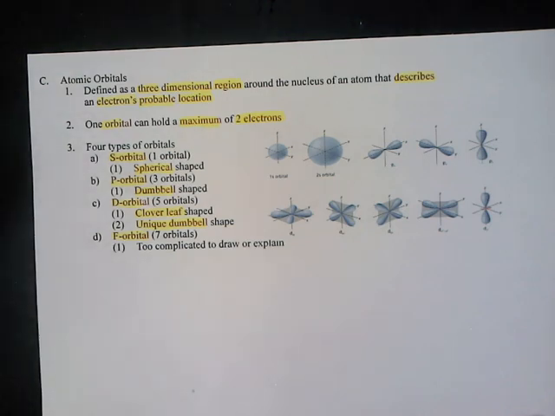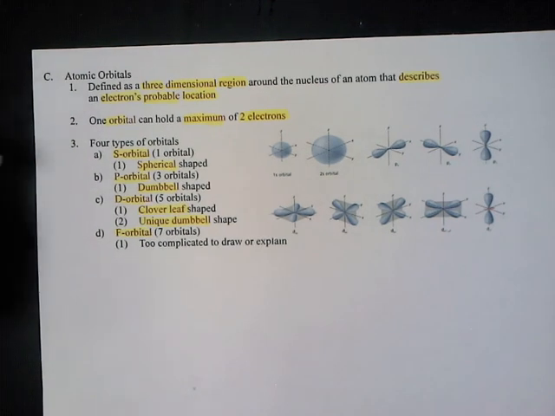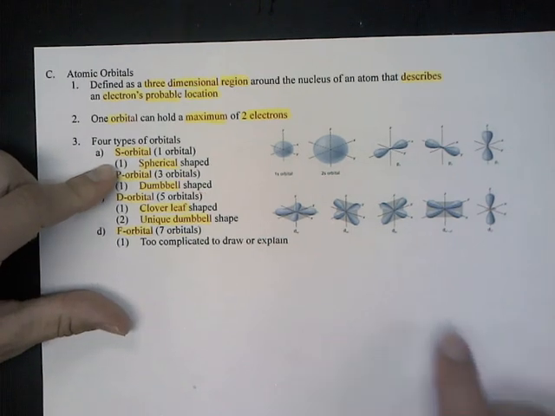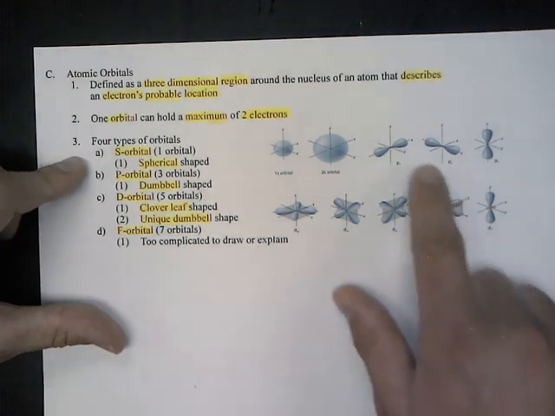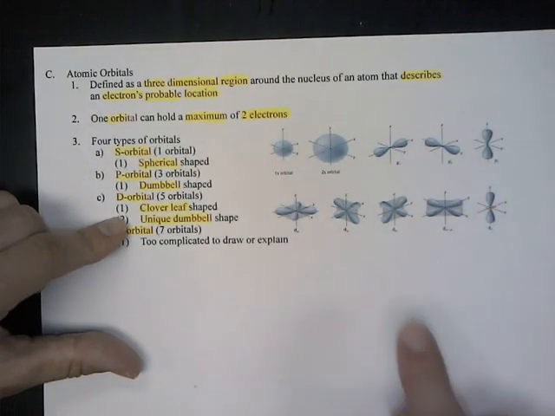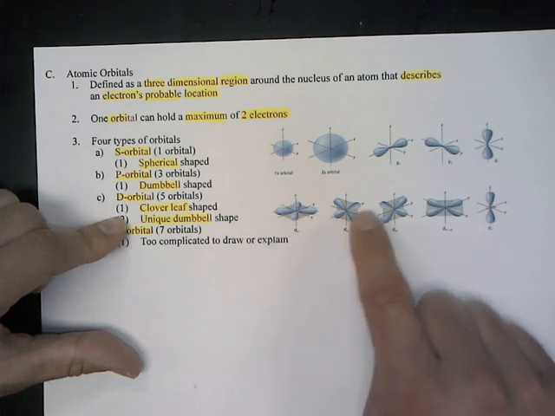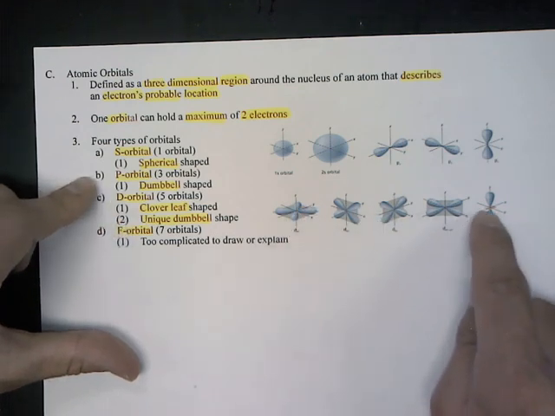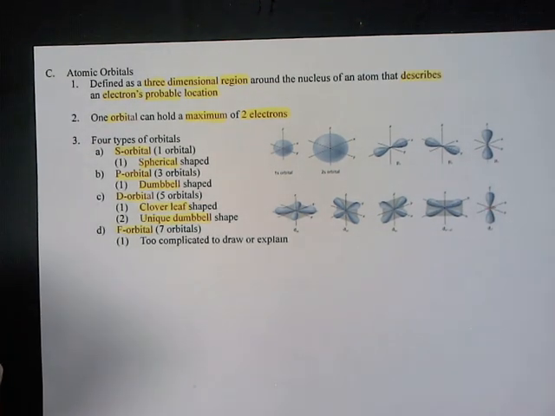We are going to concentrate on 3 different orbitals of where an electron can be. We have an s orbital, which has a spherical shape, a p orbital, which is known as a dumbbell shape, a d orbital, which has these clover leaf shapes, and we call this the unique dumbbell here on the end, and then an f orbital.